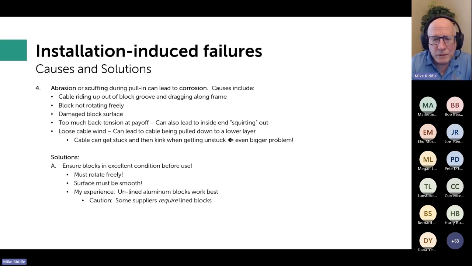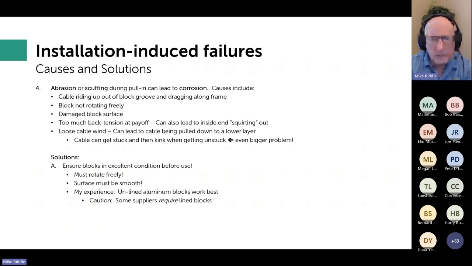But OPGW is a lot smaller. It tends to be lighter, and it has aluminum clad steel more often on the outside rather than a soft aluminum alloy like 1350. So the neoprene facilitates the cable getting some friction, overcoming its weight, which is naturally lower than conductor, and therefore riding out of the groove.